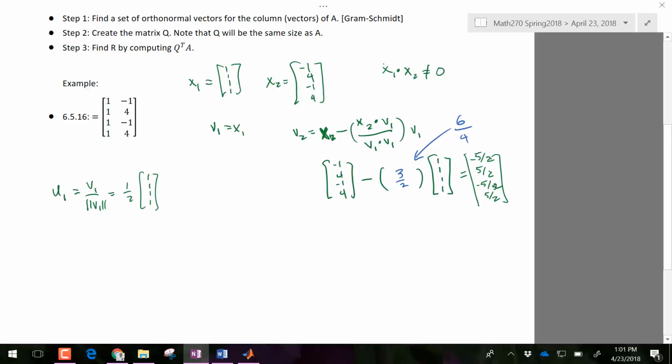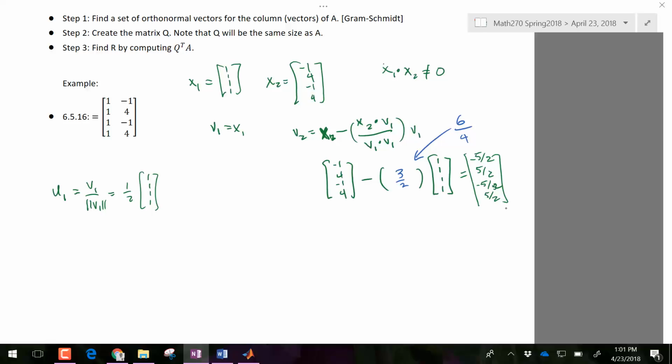Since these are all the same, it would be the same, 4.